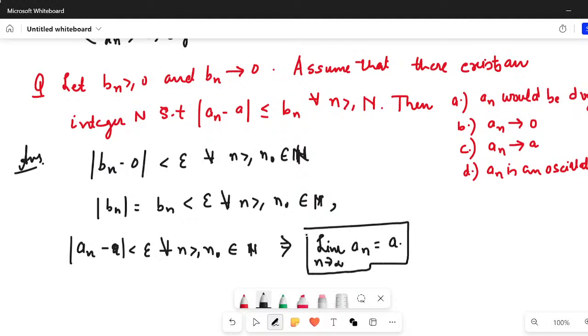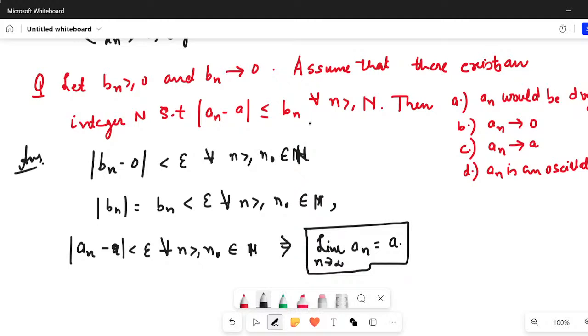So please remember, if the condition supplied is that |an minus a| is less than or equal to bn, and bn is a convergent sequence converging towards 0, then an converges towards a.